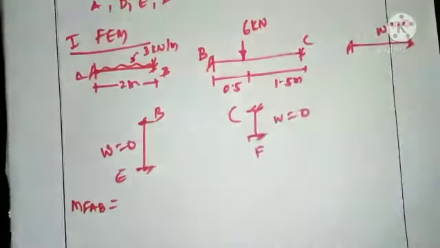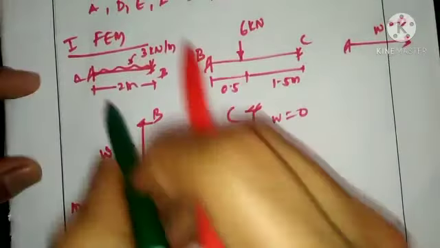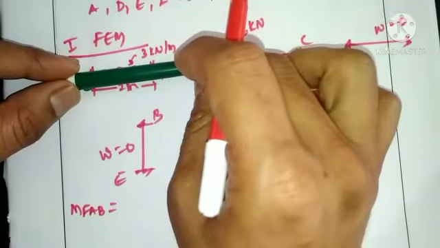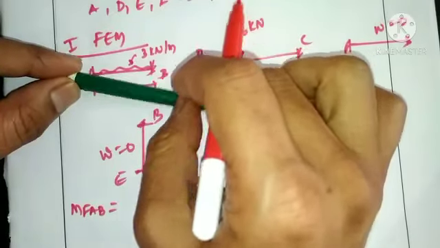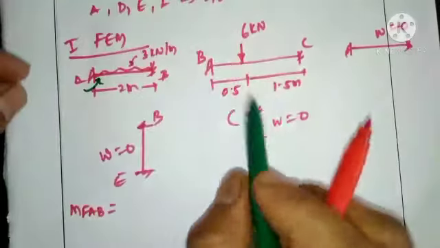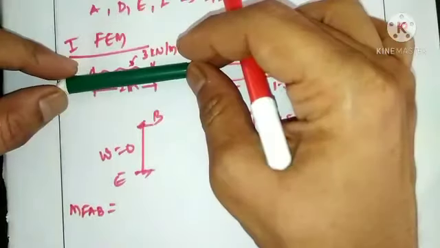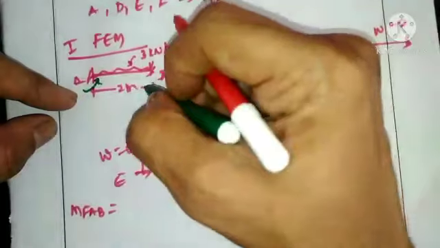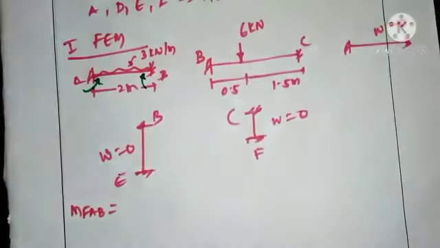When I write MFAB, A will offer a rotation in the anticlockwise direction, because AB, when subjected to UDL on the top fiber, will rotate in the clockwise direction. As a result, A will offer in the anticlockwise direction. Likewise, for B and A, it will rotate in the anticlockwise direction, so B will offer a rotation force in the clockwise direction.